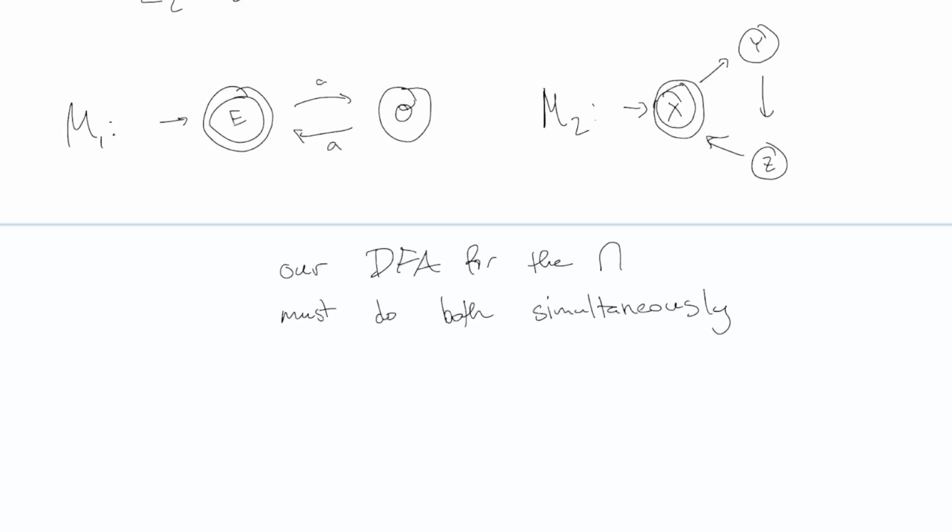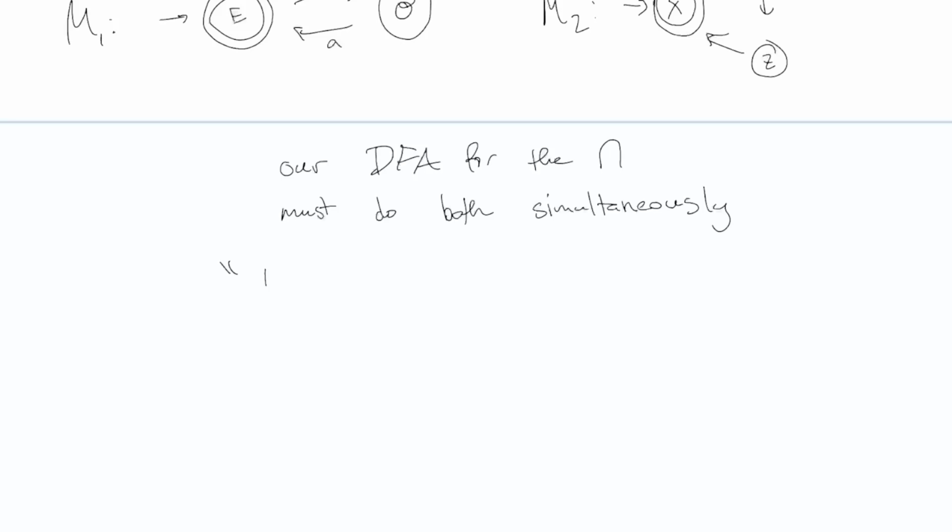These are not big, long things that you can just plug the end of one into the beginning of the other one. It's more like we are trying to look for a DFA which accepts everything on this one and this one, which means you have to do them both at the same time. This is the basic idea. We must do both simultaneously, and this is referred to as the product construction.